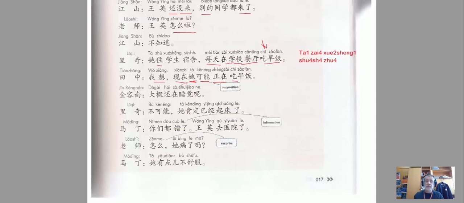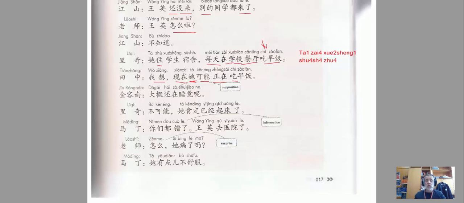And as we said in the lecture, this 正在 combination, or even just the 在, always comes before the verb if you want to modify the verb so that it expresses something which is happening. Okay, and then this 可能, this expression of possibility, will also always come before the verb, but in this case will come before the 正在 plus the verb.